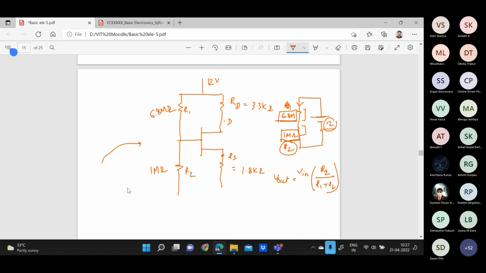Right? So this voltage drop will be our input voltage. This biasing, where we are dividing the voltages because of the series resistances, is called the voltage divider circuit.